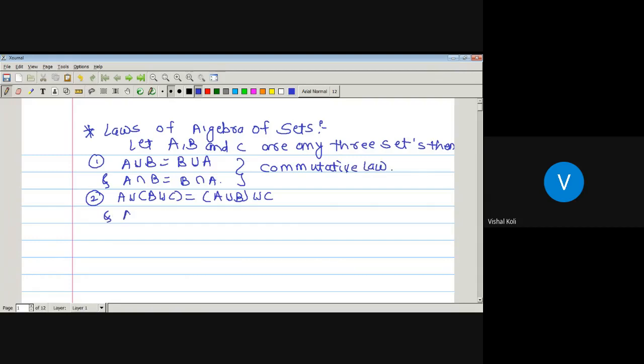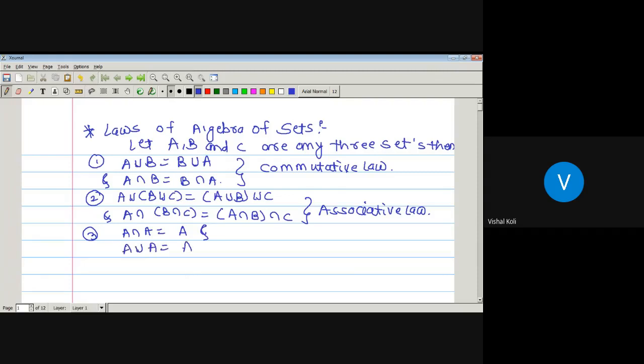And in that second one, A intersection (B intersection C) is nothing but (A intersection B) intersection C. This one is called associative law. Third one, A intersection A equal to A and A union A equal to A. This one is called idempotent law.